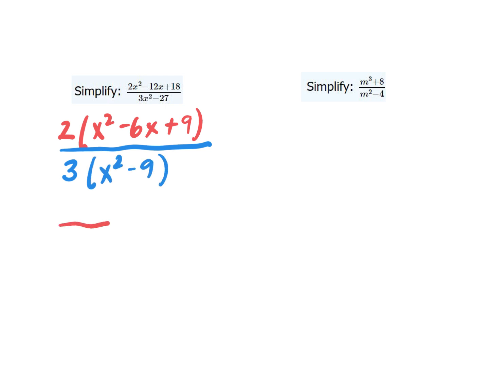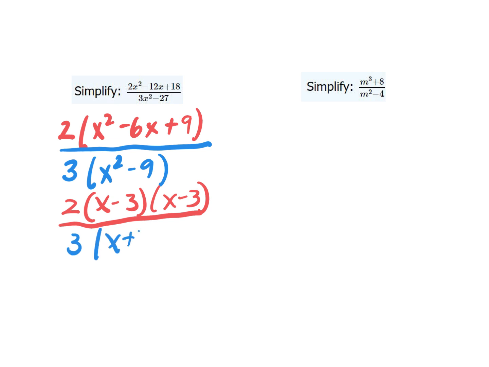In my numerator, then I'm going to check to see if it factors any further. It does. That is going to be x minus 3 times x minus 3. My denominator is a difference of 2 perfect squares, and so that is going to be x plus 3 and x minus 3.